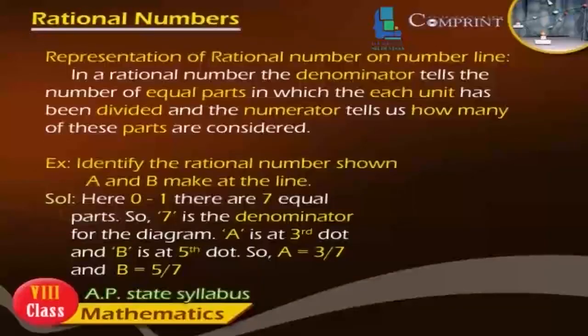Representation of rational numbers on number line. In a rational number, the denominator tells the number of equal parts in which each unit has been divided and the numerator tells us how many of these parts are considered. Example, identify the rational numbers A and B shown on the number line.